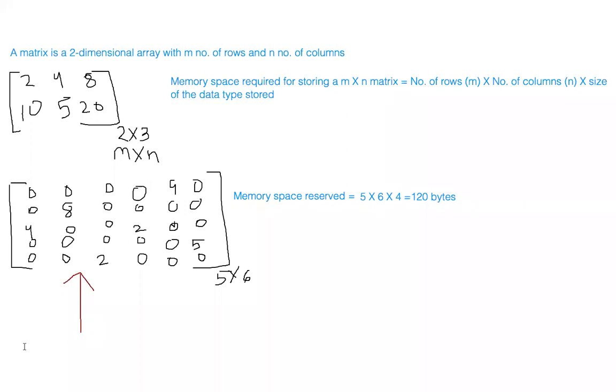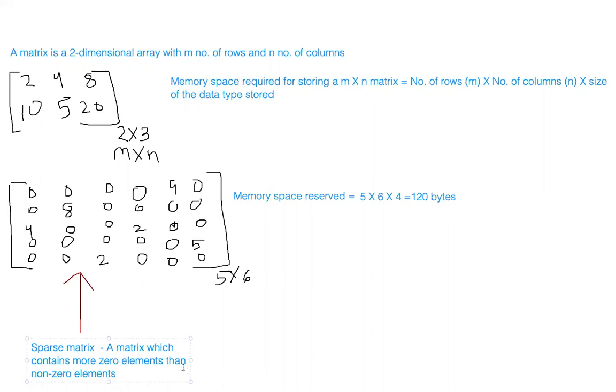This type of matrices, where most of the elements are 0 elements, are known as sparse matrix. So this is known as a sparse matrix. A matrix which contains more 0 elements than non-zero elements.